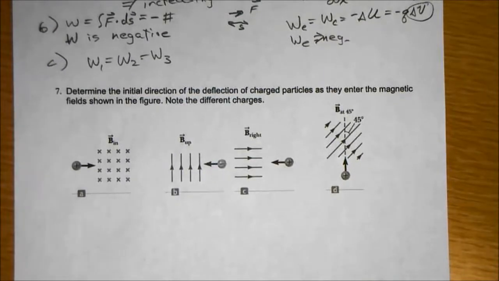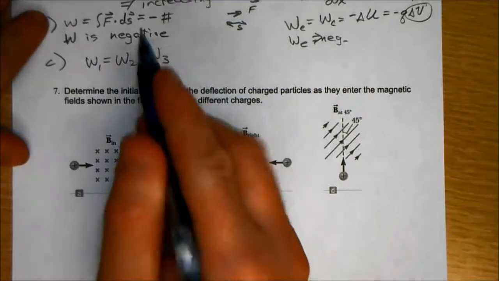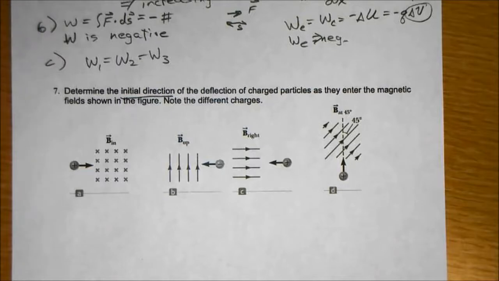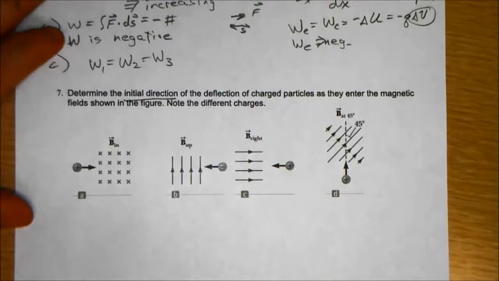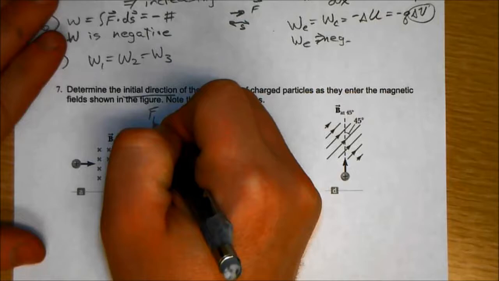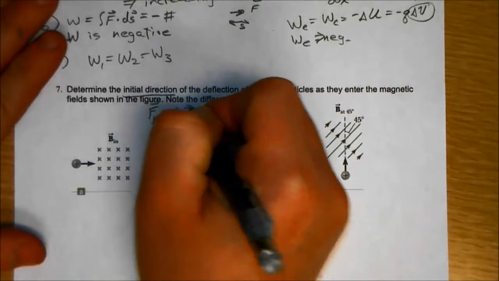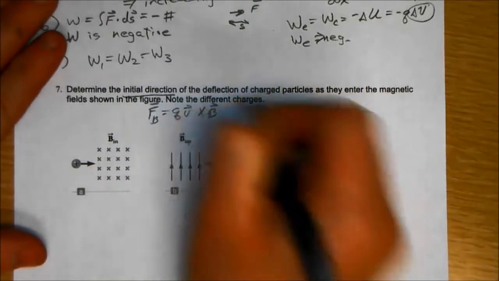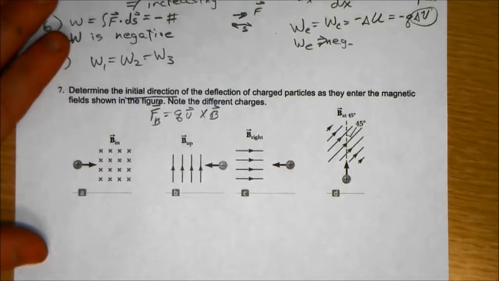Number 7, determine the initial direction of the deflection of the charged particles as they enter the magnetic field shown in the picture. Notice that it says initial direction because as the particle travels through the magnetic field, that magnetic force is going to change. We already talked about that. So we're just applying the right-hand rule to the Lorentz force law, and we're going to find the direction of the force.